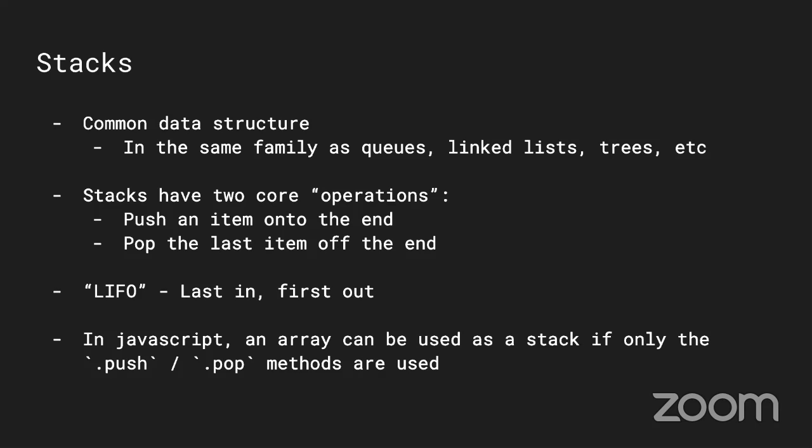So if I add a first thing, add a second thing, add a third thing, then I remove the third thing, and remove the first thing, that first thing was the first thing in, and it was the last thing to come out. That's opposed to other data structures where it ends up being a little different because you have more operations you can use. Does that make sense?